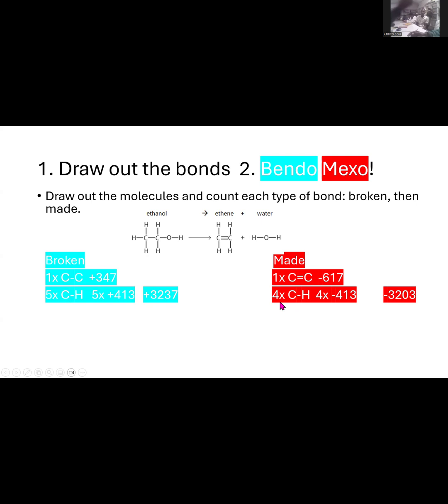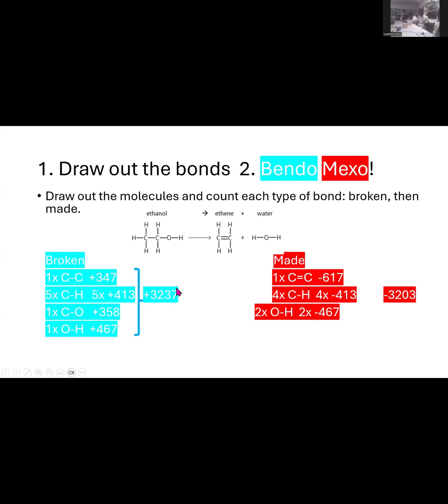On the other side, I make 4 new carbon to hydrogen bonds. That's 4 times 413. It's a total for this side, total for that side. I also have to break the carbon oxygen bond here, and I have to break the oxygen hydrogen bond. And on this side, I have to make 2 OH ones. There. Then I total them.